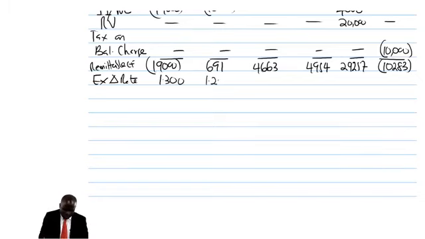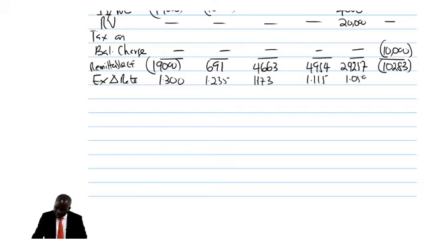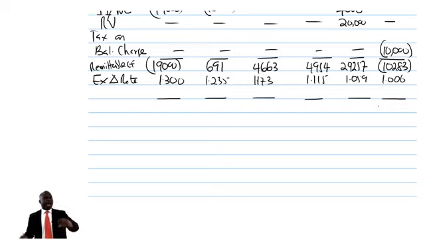Then we got 1.235, 1.173, 1.115, 1.059, and 1.006. And then I am going to exchange it. The moment I exchange it, I have taken it from dollars to pounds, so the sign should now change.